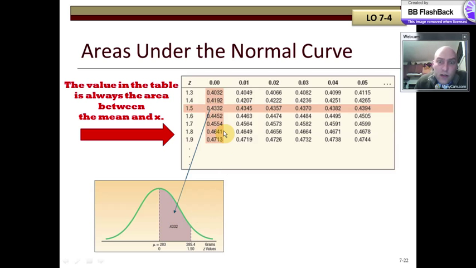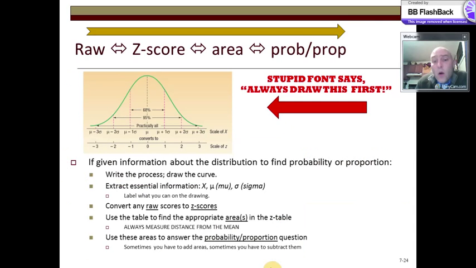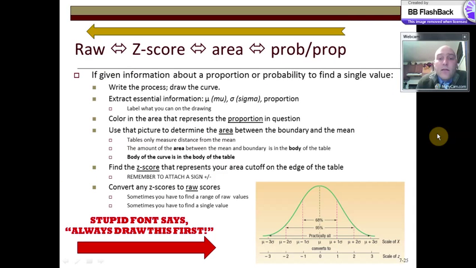We would actually find that number in the body of the table and then go backwards to find out the z value that's associated with that area. Once we find the z value that represents your area, please remember to attach a plus or minus sign.